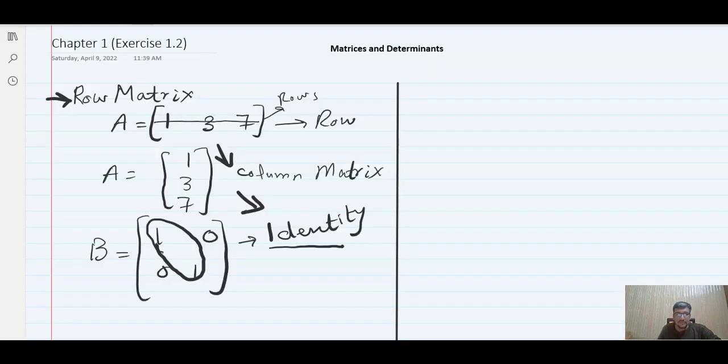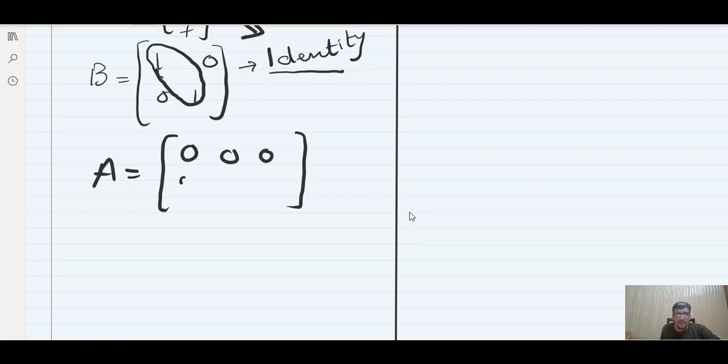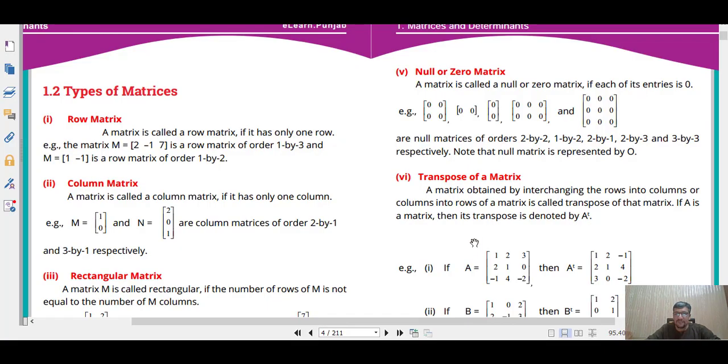For example, I say that I have one matrix A, and if it is 3 by 3, with 3 columns and 3 rows, all the entries of this matrix are zero, or you can say all the numbers are zero. We call it a null matrix, or you can even name it a zero matrix. So we have to apply these four types of matrices in the first question.